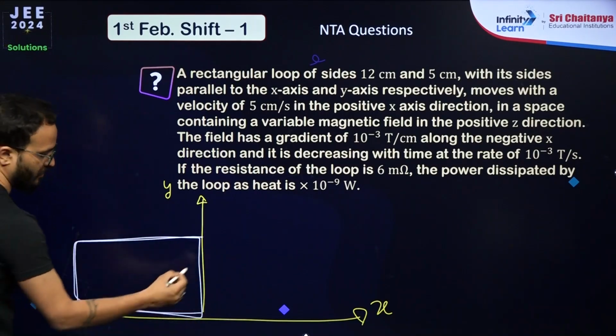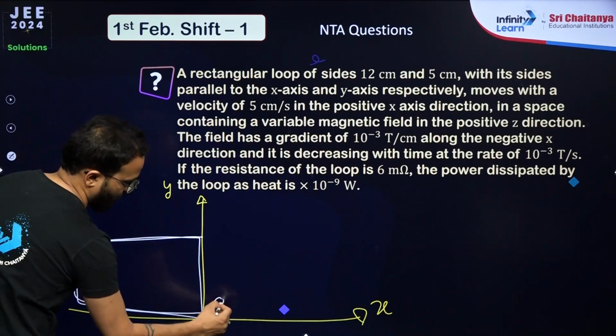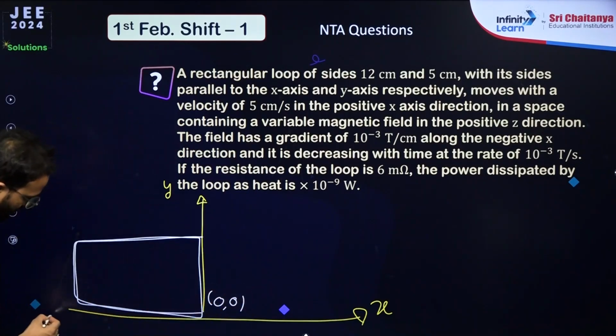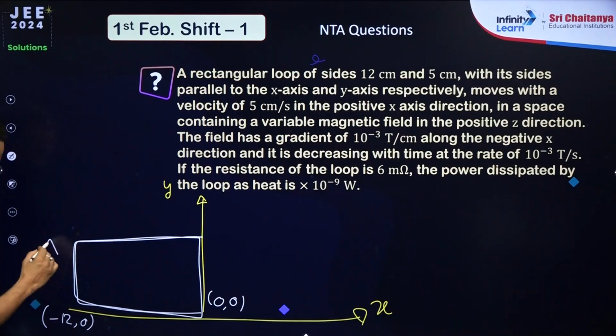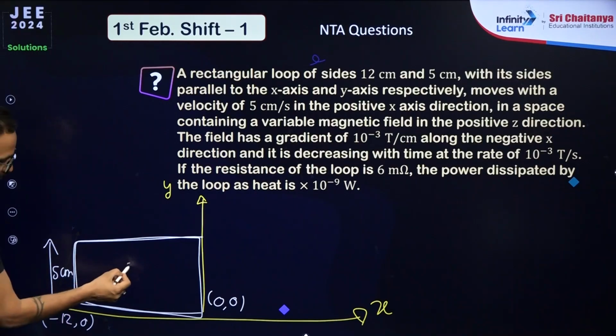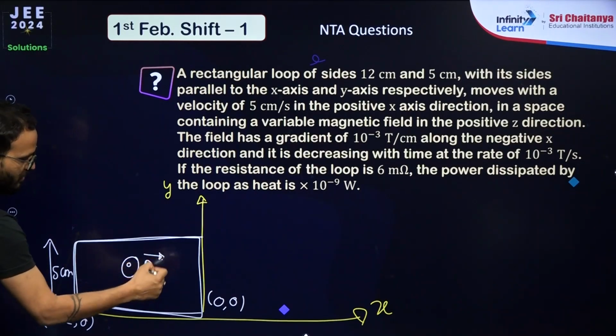So this is 0, 0 and this is minus 12, 0, and obviously this height is 5 centimeter. The magnetic field is outwards, right?